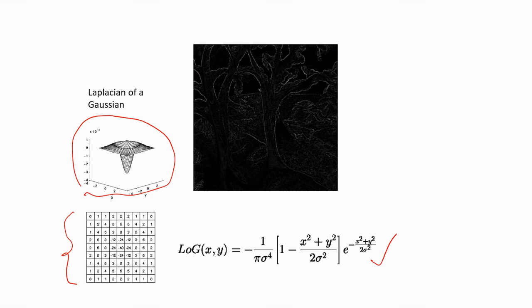Mathematically, this is how the mask is defined. And on that particular picture, if we apply this mask, that is the result we get. In this case, you will find that the result is highlighting all the edges, whether they are vertical, horizontal, or diagonal. So this mask can be used to extract all the edges in an image.